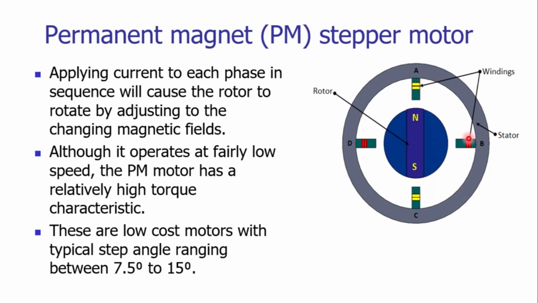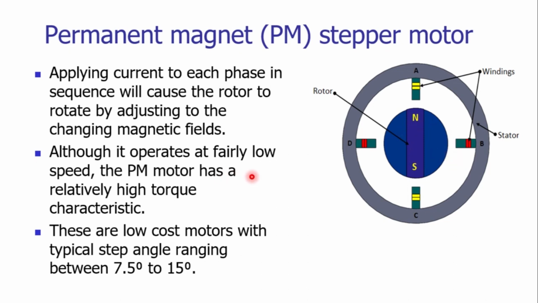The magnetic field will be generated, and that magnetic field will rotate the permanent magnet. As the polarity of the windings is changed, the permanent magnet will try to orient according to its nature. If it gets the opposite pole, it will be attracted to that particular pole, and in this way we can have the required rotation of the shaft.